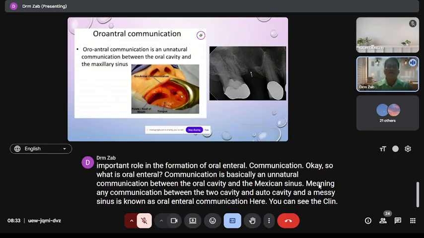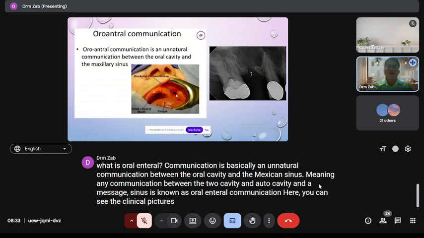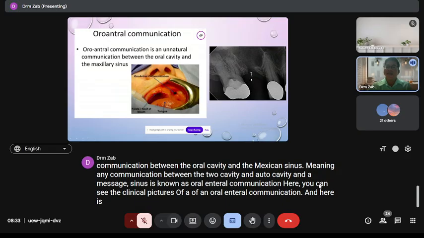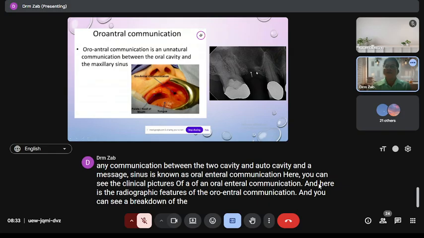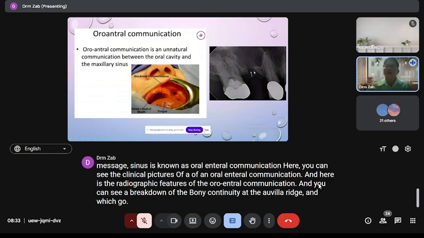Here you can see the clinical pictures of an oro-antral communication, and here are the radiographic features. You can see a breakdown of the bony continuity at the alveolar ridge, which goes right into the maxillary sinus.